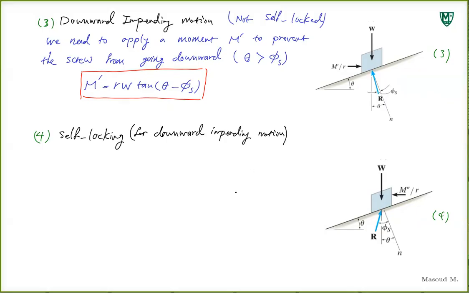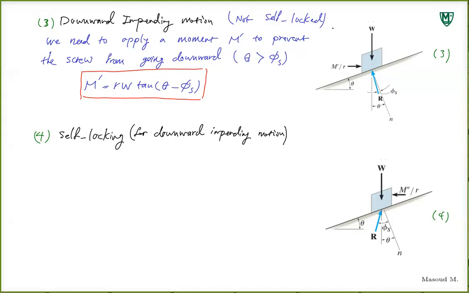It's in parentheses. That's the case where we want to push this load downward, right? But if we let it go, it's not going to go downward. We need an extra moment added to the system to push this load down, or to push this screw downward.